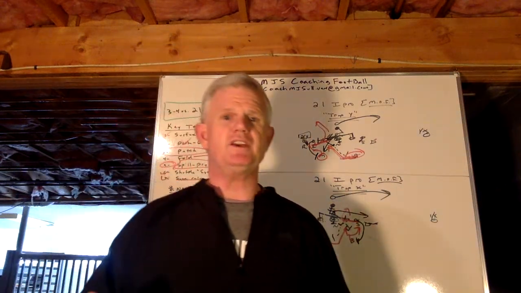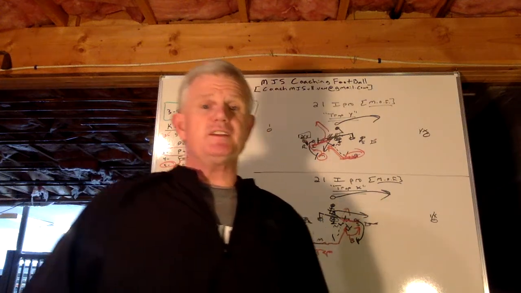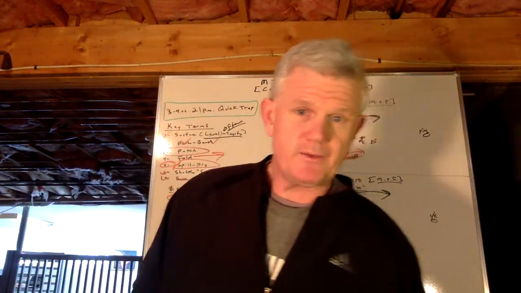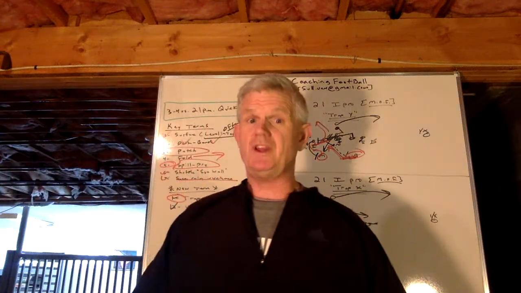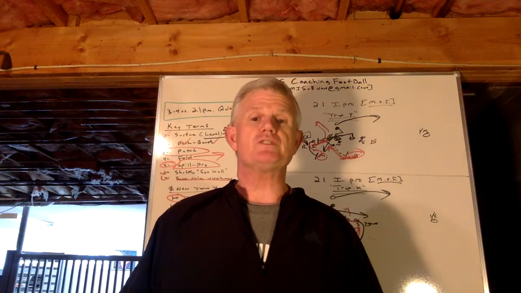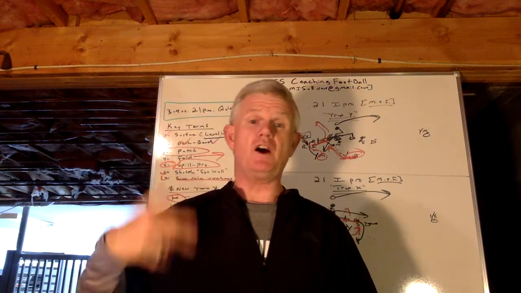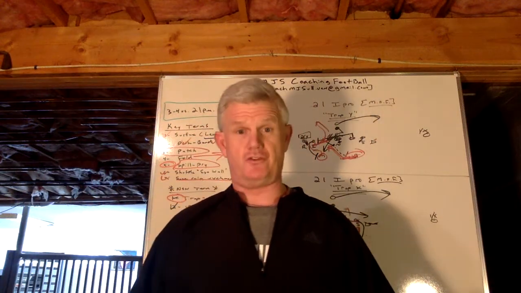And the biggest thing is, as I mentioned earlier, even if you're not expecting to see a whole lot of 21 every given week, in your run period script put in one, maybe two, over the course of two practices, a 21 personnel quick trap just to keep your kids fresh.